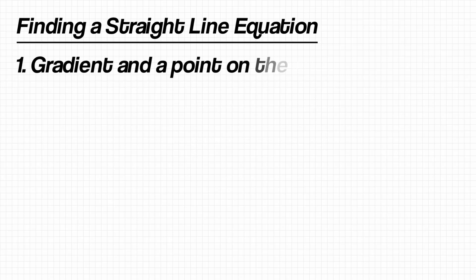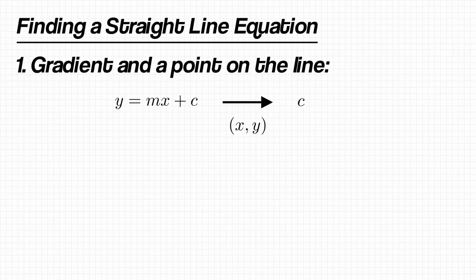To find the equation for a straight line, we need to know the gradient and a point on the line. If we know the gradient, we just need to find the value of c. To do this, we do the same thing as a moment ago by plugging the point into the equation and obtaining the corresponding value for c.